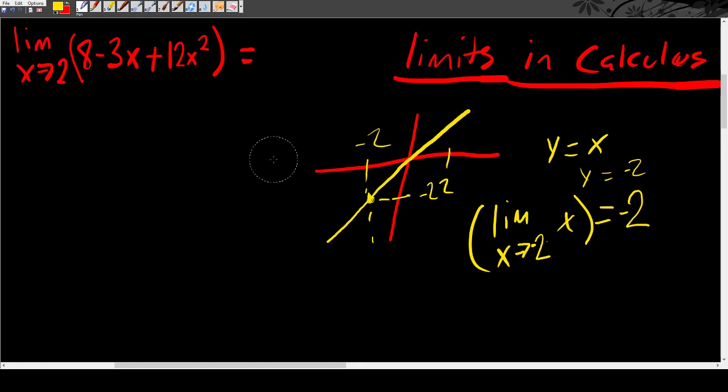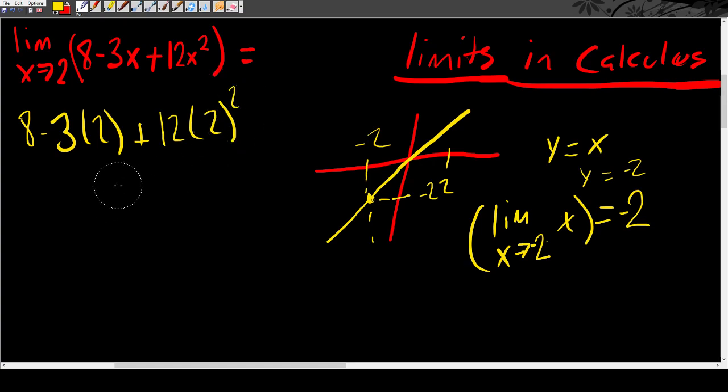So looking at this problem, just follow the same idea. It's going towards 2, 8 minus 3x plus 12x squared. So 8 minus 3 times 2, because you plug in 2 for x, plus 12 times 2 squared.